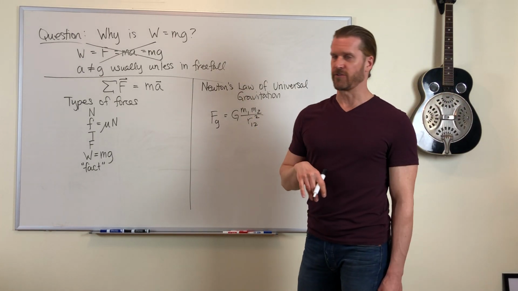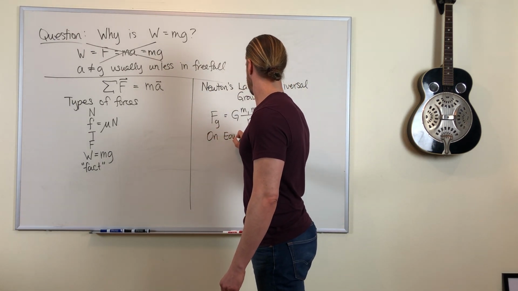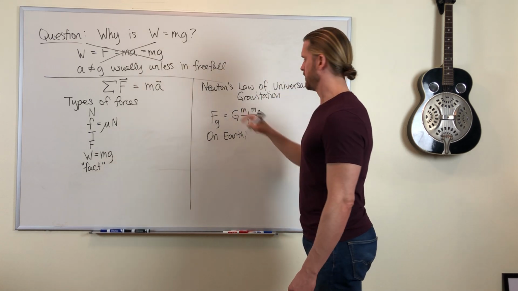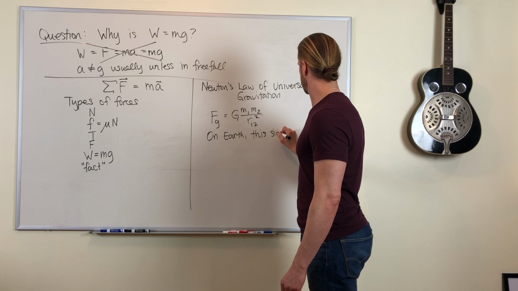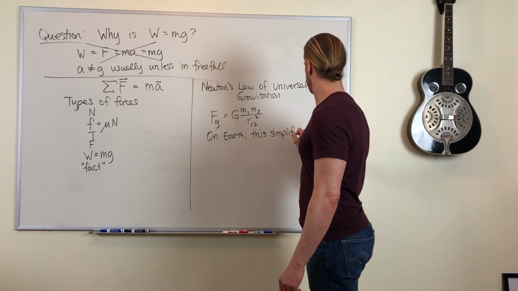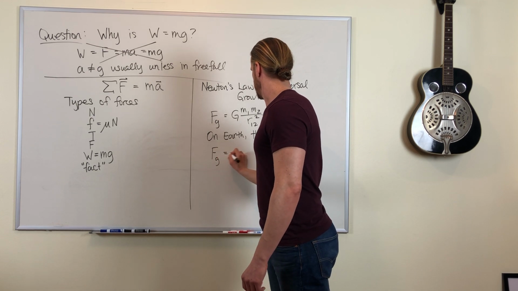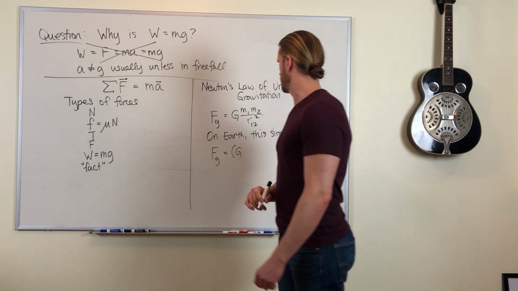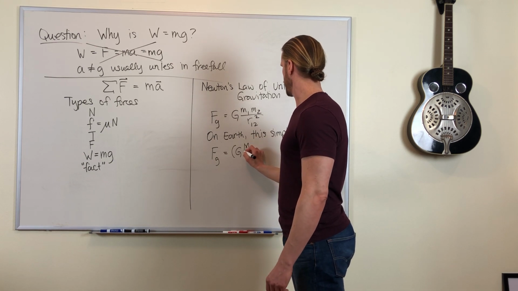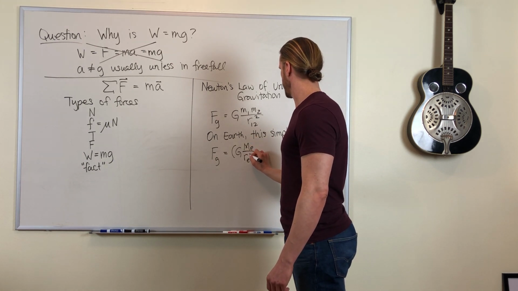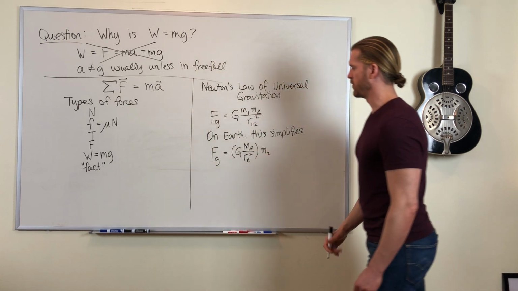Now, if you're on the surface of the Earth, this equation simplifies. It is this constant number G times the mass of the Earth divided by the radius of the Earth squared, times that other mass.